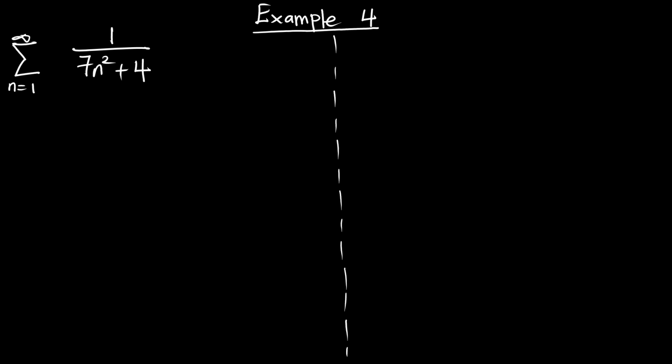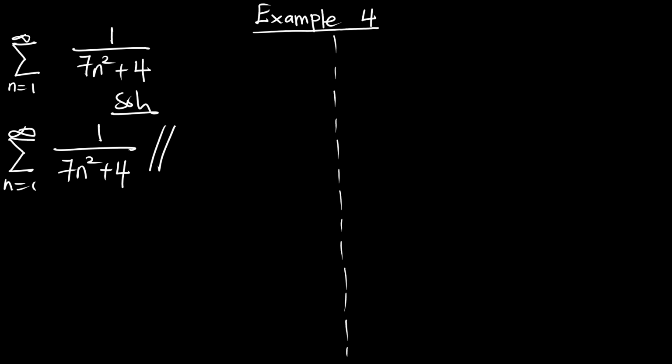Example 4. We have this, still using the comparison test to see if this is going to diverge or converge. So straight away, I have my summation from 1 to infinity of 1 on 7n squared plus 4. What can I do?